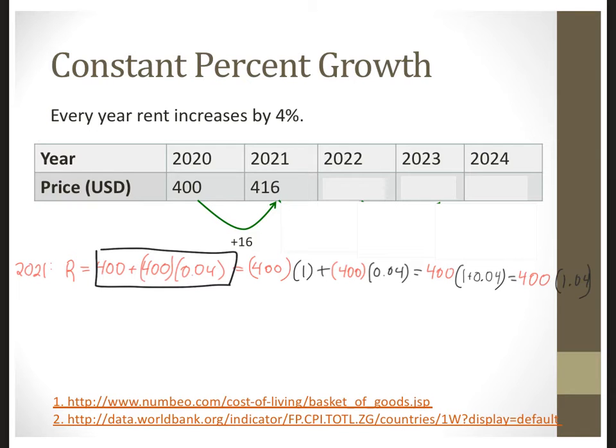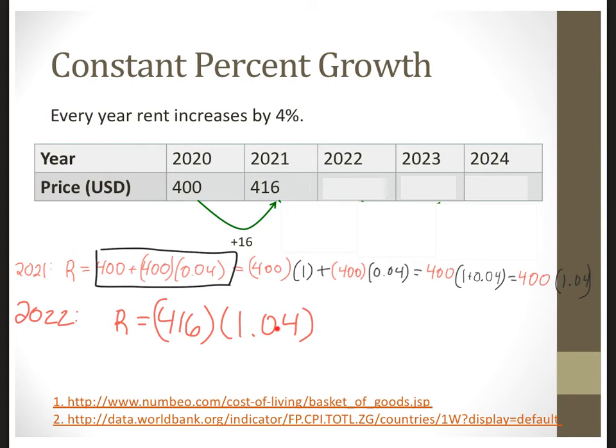So if I want to calculate my rent in 2022, for example, I can take my rent in 2021 and multiply that by this factor of 1.04. Again, you can think of this as my rent at the start of 2021.